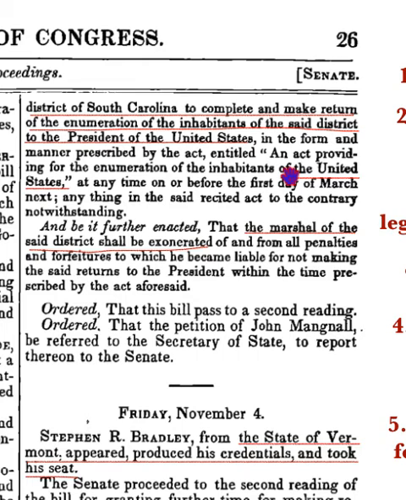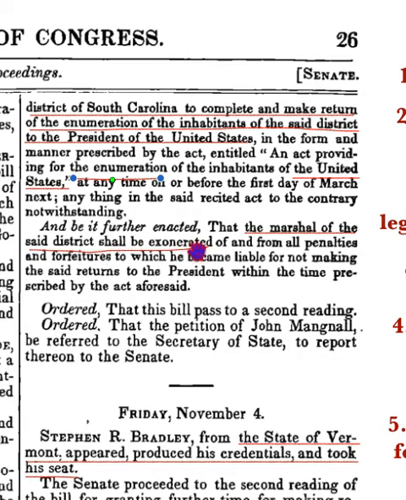Back in the Journals of the Continental Congress, they called it the Army of the United States, not United States Army. United States Army is something different. An act providing for the enumeration of the inhabitants of the United States.